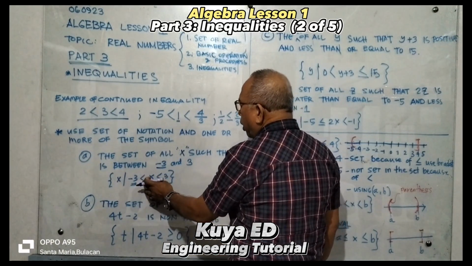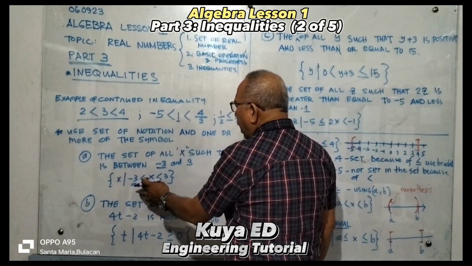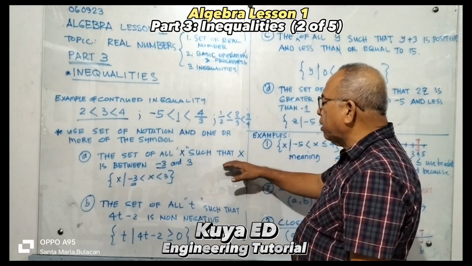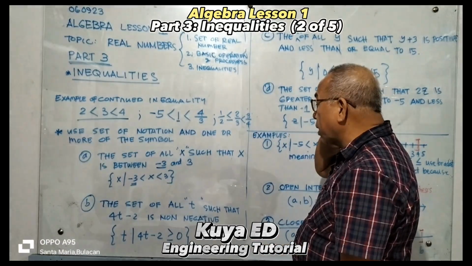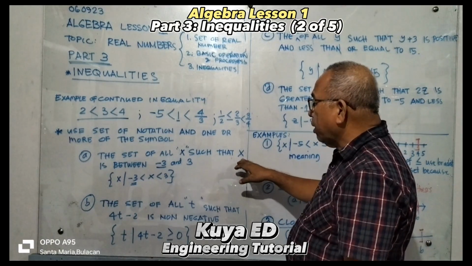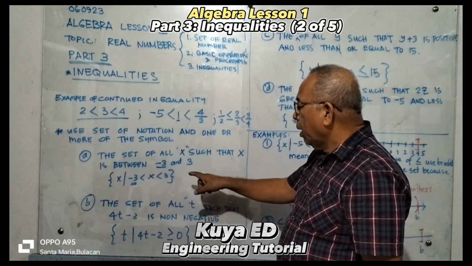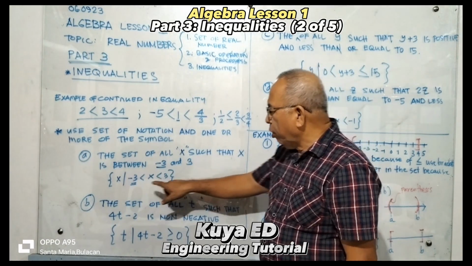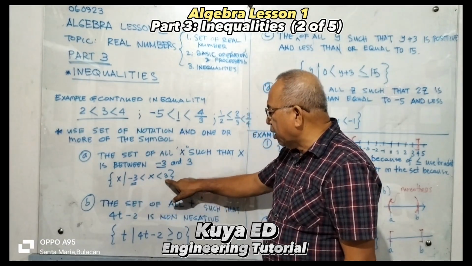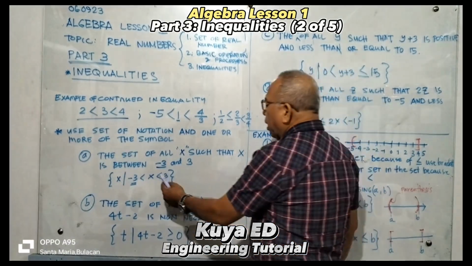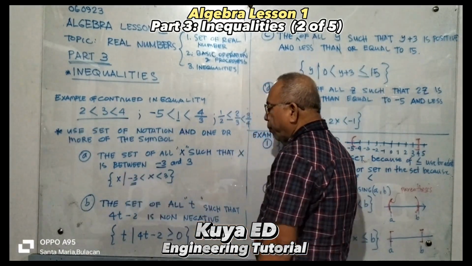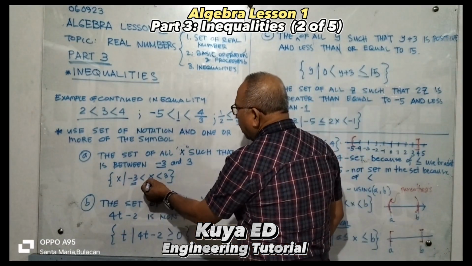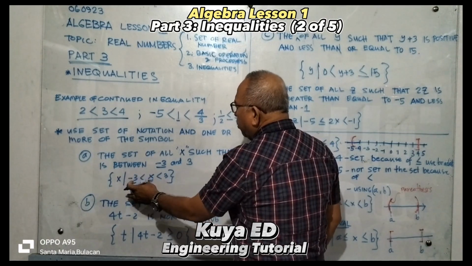Now, we use the term less than and less than kasi ang ating statement says that the set of all x such that x is between negative 3 and 3. So, ito yung negative 3 and this is our 3. So, put natin, ang x daw is in between. So, of course, when doing so, ang x natin is greater than negative 3.